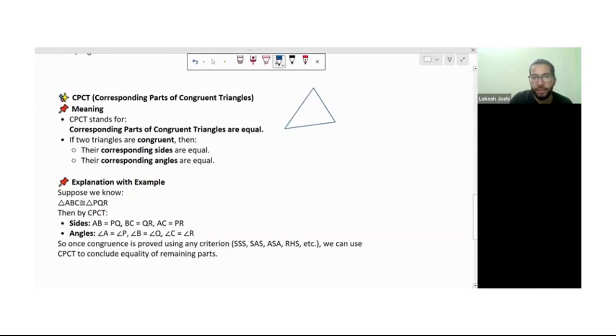Suppose this is one triangle and this is another triangle. It's given that triangle ABC is congruent to triangle PQR.